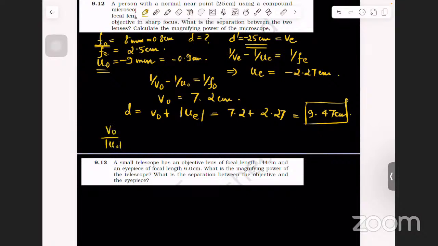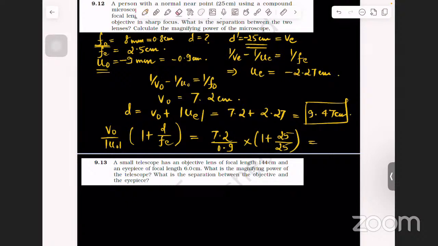V naught into 1 plus near distance by FE, right? 7.2 divided by U naught, you find it as 0.9, into 1 plus 25 by 2.5. 25 upon 2.5, which is 8 into 11, that is 88.